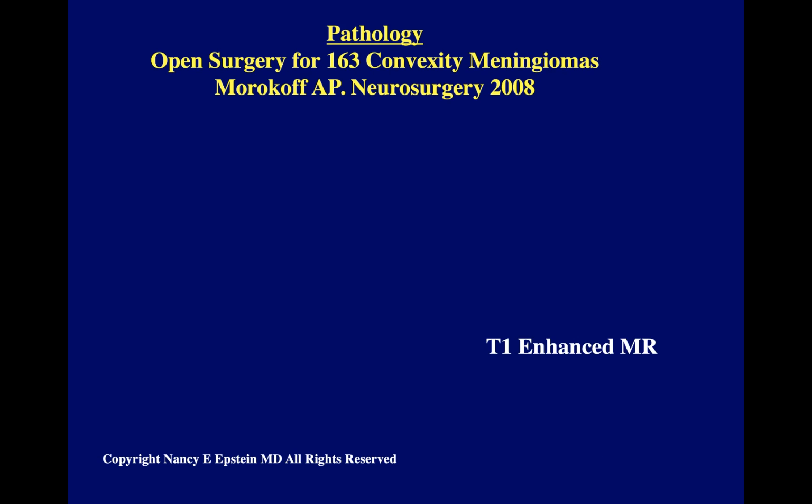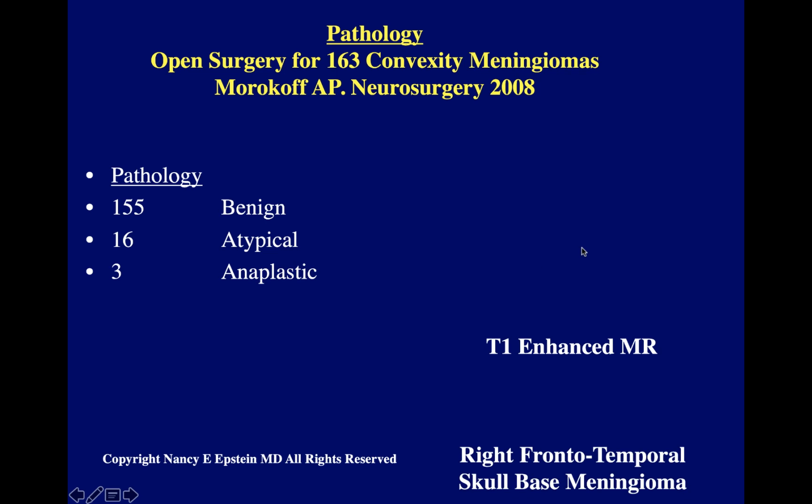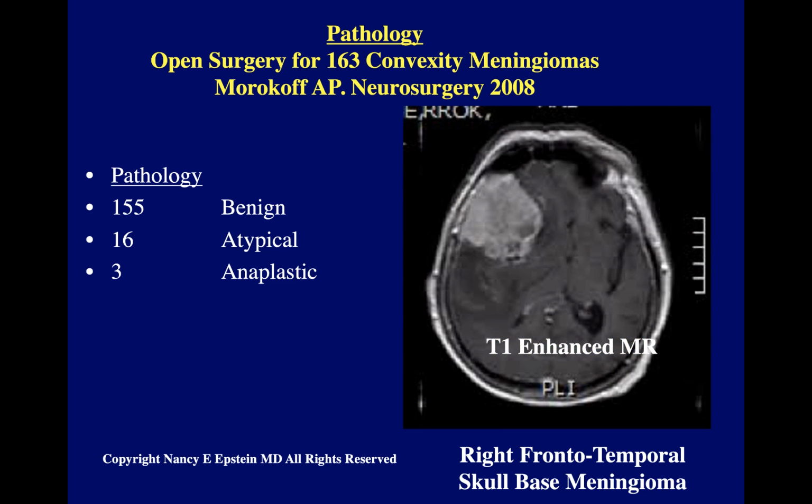The pathology for the open surgery for these 163 convexity meningiomas evaluated by Marikoff in 2008: 155 were benign lesions, 16 were atypical tumors, and 3 were anaplastic lesions. If you look at the T1 enhanced MRI scan towards the right, here's a right frontotemporal skull base meningioma that could well have been included in this series.